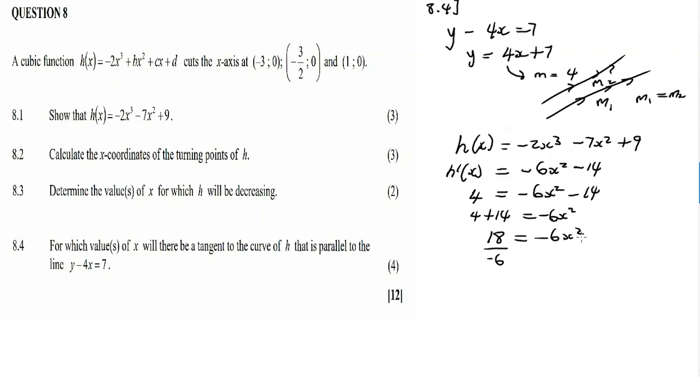Because now you square root both sides. I'm a real number. What's wrong? What's happening?